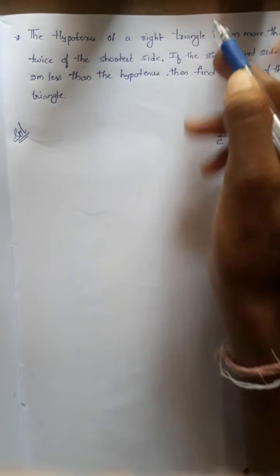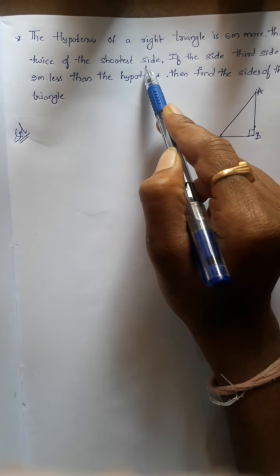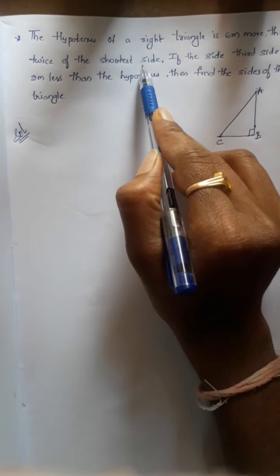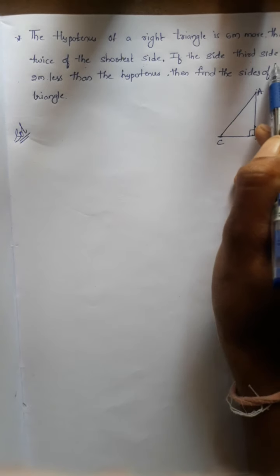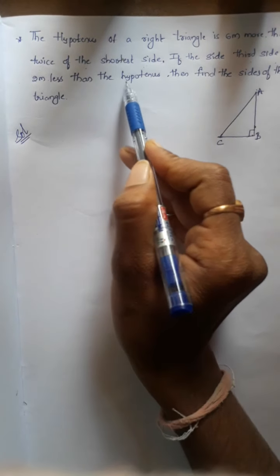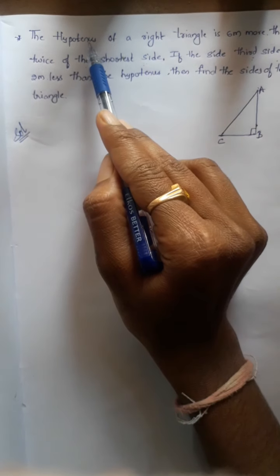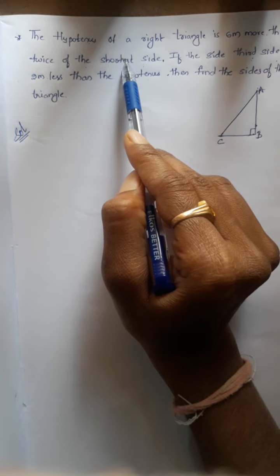It means the hypotenuse depends upon the shortest side. And if the third side is 2 meters less than the hypotenuse, the third side depends upon the hypotenuse, and the hypotenuse depends upon the shortest side.